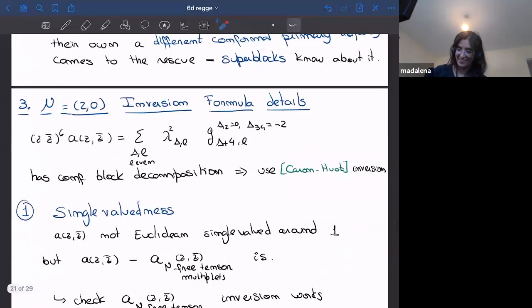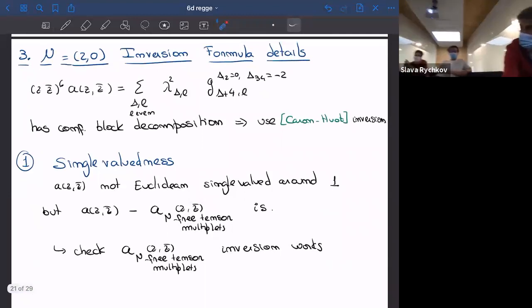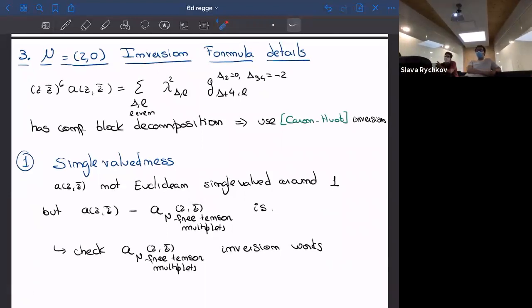Okay, in the last very few minutes. Yeah. Madalena, just the thing about shadow symmetry is also that in principle it leads to some kind of relations between the coefficients of the different conformal blocks in the superconformal block that happen to be obeyed in the actual superconformal block.